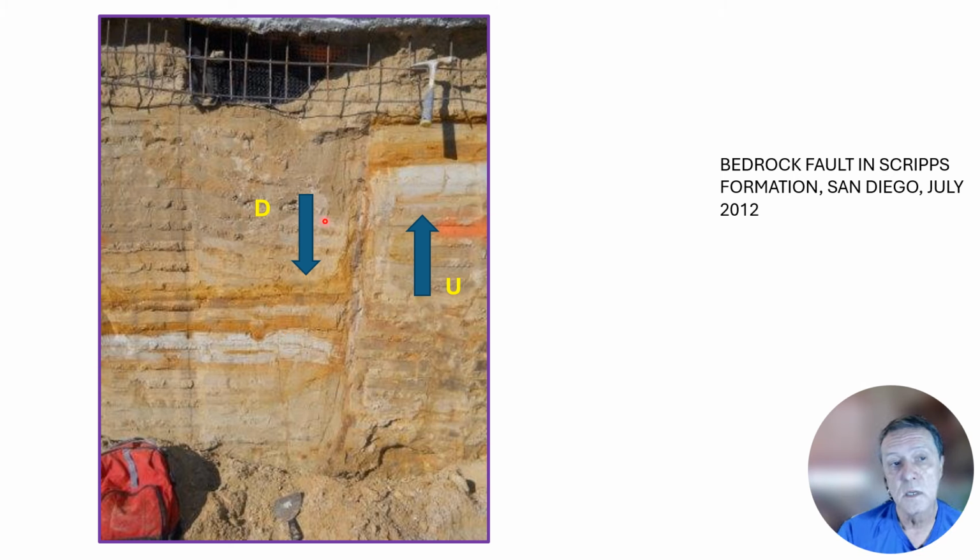In this case, there is no topsoil layer exposed, so it's pretty difficult to determine whether it's active and whether it's displaced young sediments. But in this case, we concluded this is an older bedrock fault through Eocene Scripps Formation sediments, sedimentary rock. So in this case, it did not delay or impact construction.